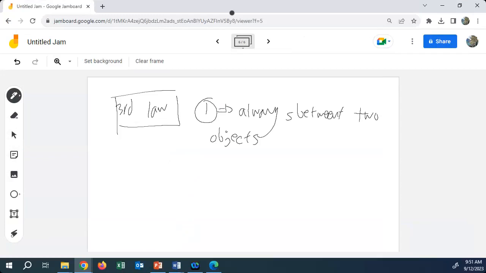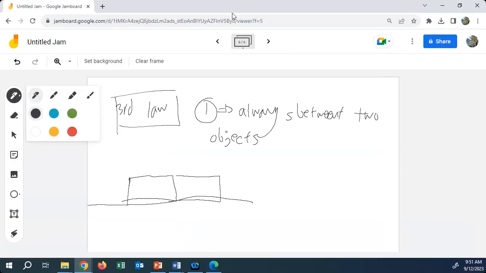Newton's third law tells us that if we have two objects, let's say two boxes on the ground, if box one exerts a force on box two, box two will exert exactly the same force in the opposite direction.